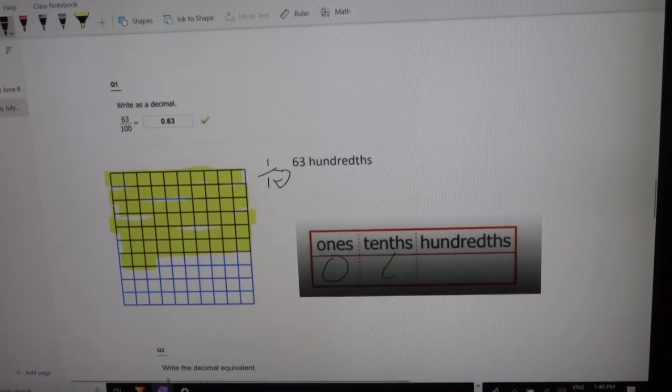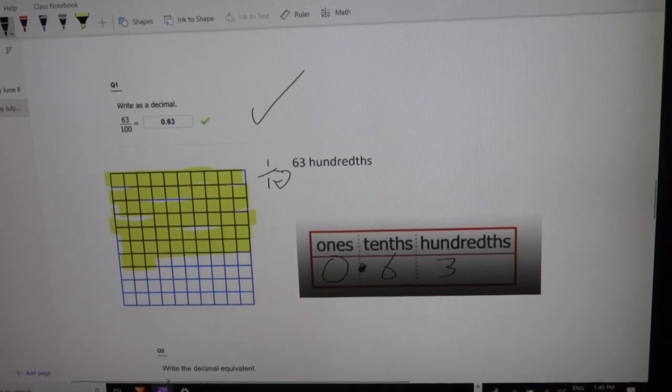So I have 6/10ths, and I then have these 3 squares left over that are hundredths. So my number, ones, tenths and hundredths, the decimal point is after the ones or the units, and so my number is 0.63 as a decimal.